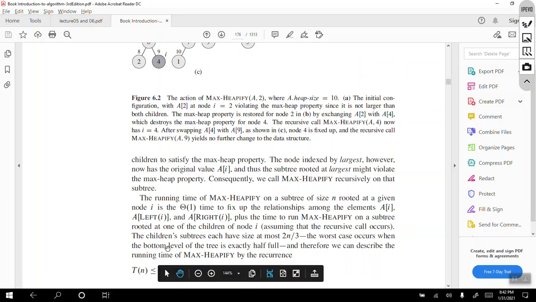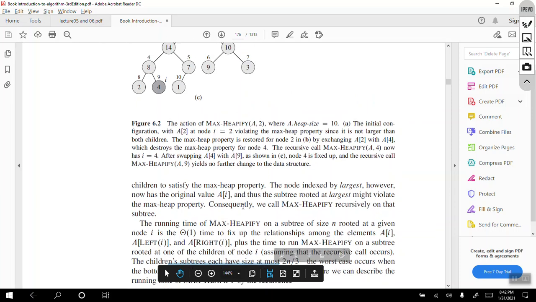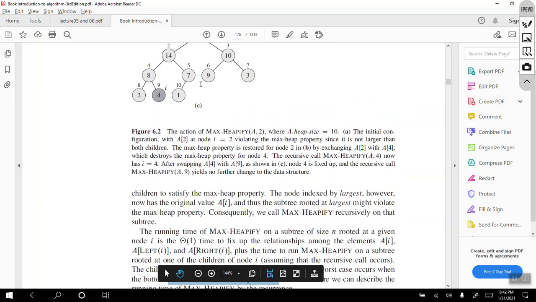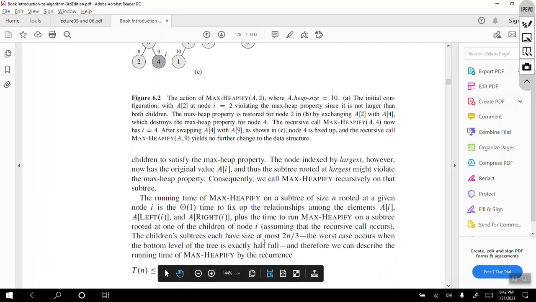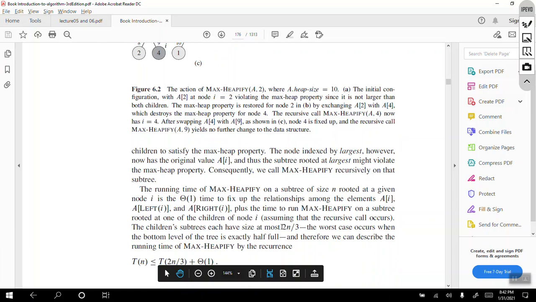The worst case occurs when the bottom leaf level in the tree is exactly half full. Exactly half full. So the bottom row is half full. Then in the worst case, we need to set it to n by 3.